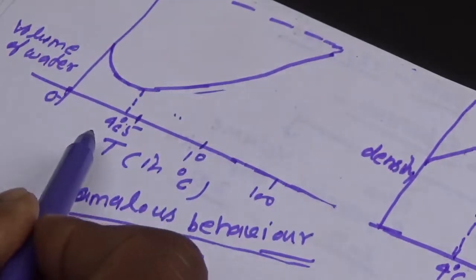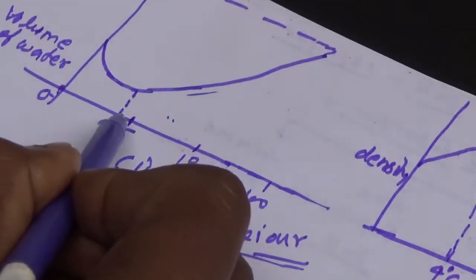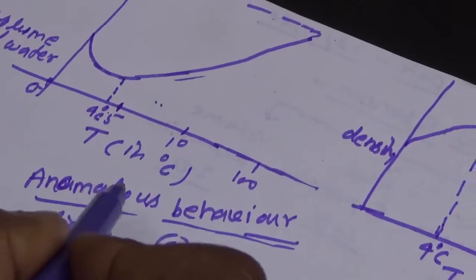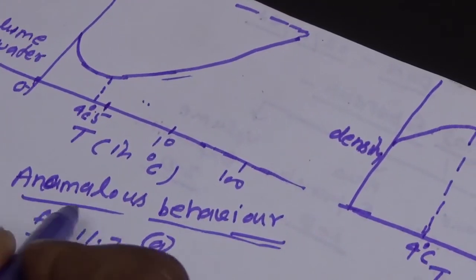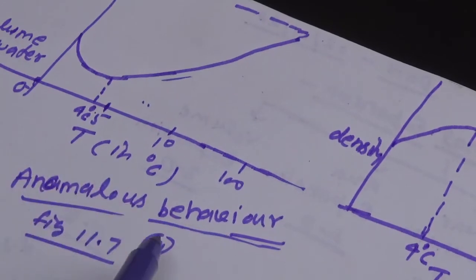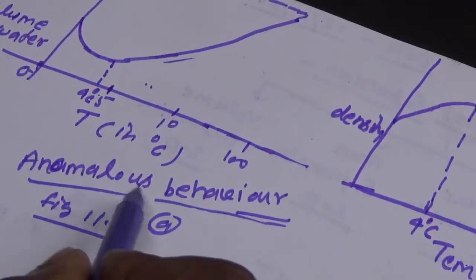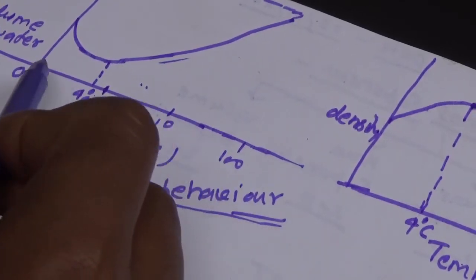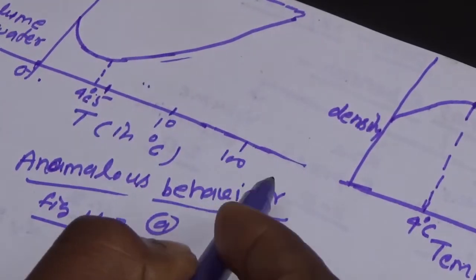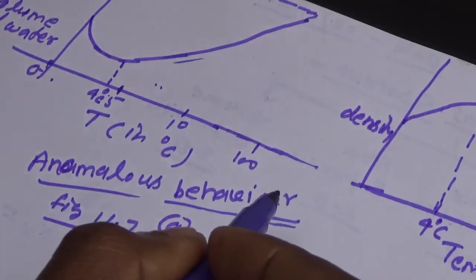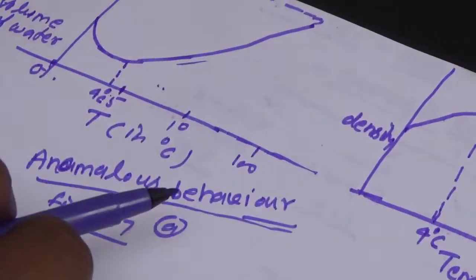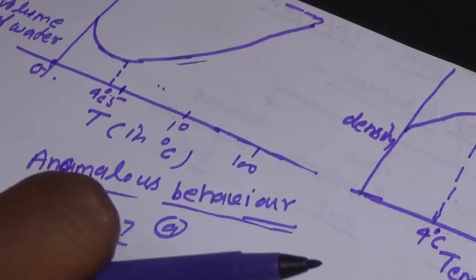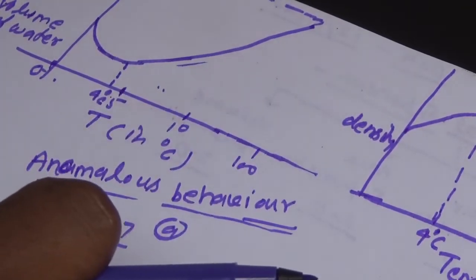In this graph you can see it is very less. So we have discussed, we have also said, this is known as anomalous behavior, because between 0 to 4 degrees Celsius its volume firstly decreases, then increases.